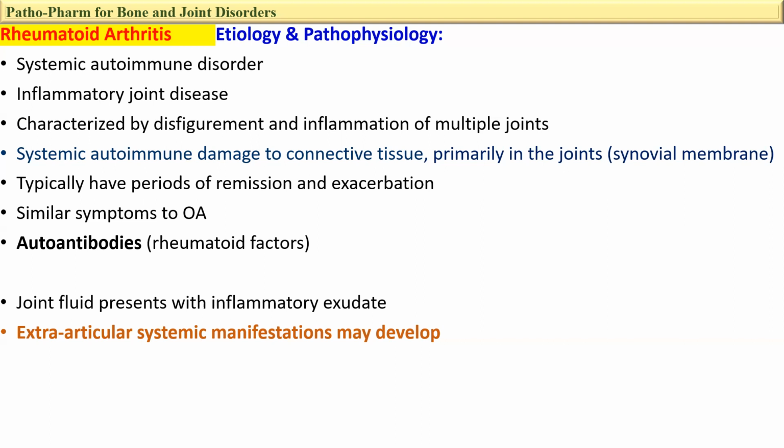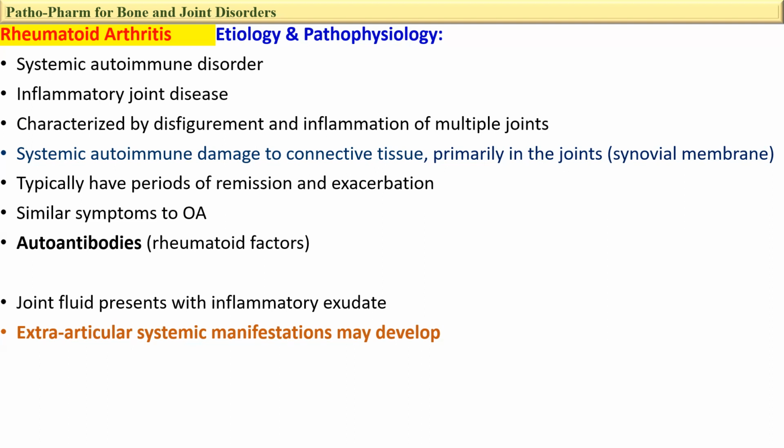The theory behind this, which confirms the idea that this is an autoimmune disease with autoantibodies, is that the presence of rheumatoid factors can be detected with the RA factor test. Rheumatoid factors are antibodies like IgG and IgM, and that confirms that autoantibodies are involved in the disease process.